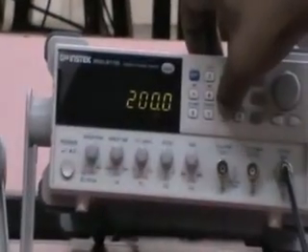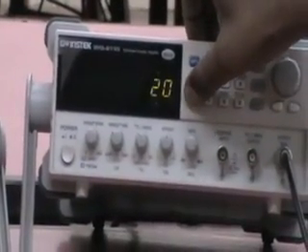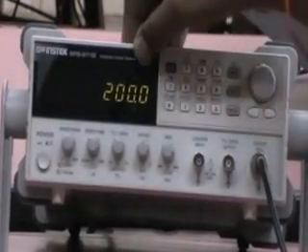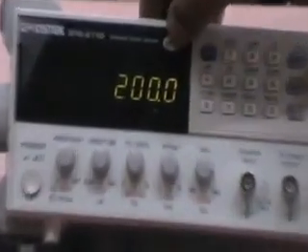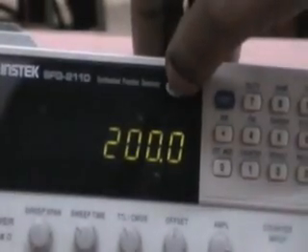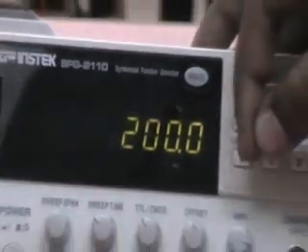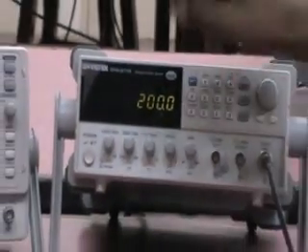So coming to the function generator and giving 200 Hz frequency, and by using the wave button, keep it in triangle, so you will get a triangle wave. So we give the input, and making variations in amplitude, we can give 8 volts peak, so 16 volts peak to peak.